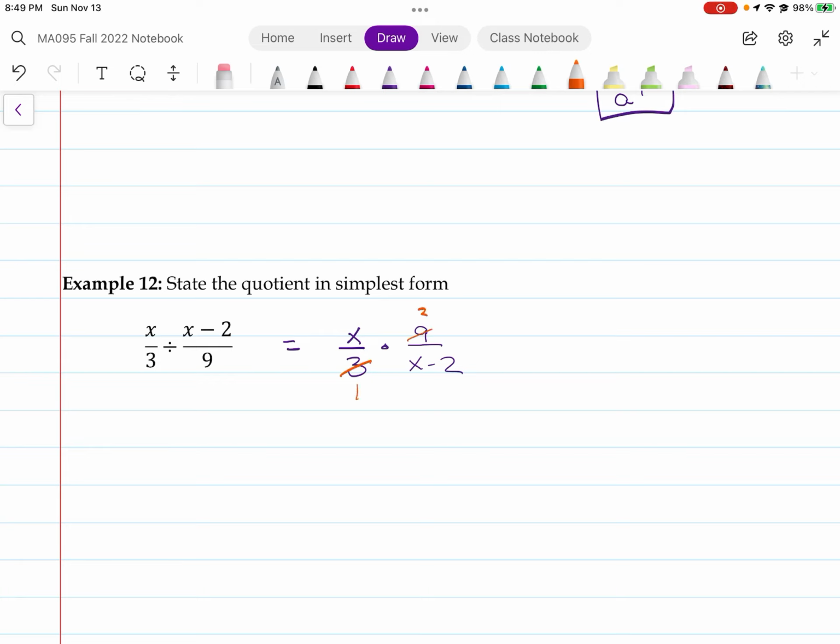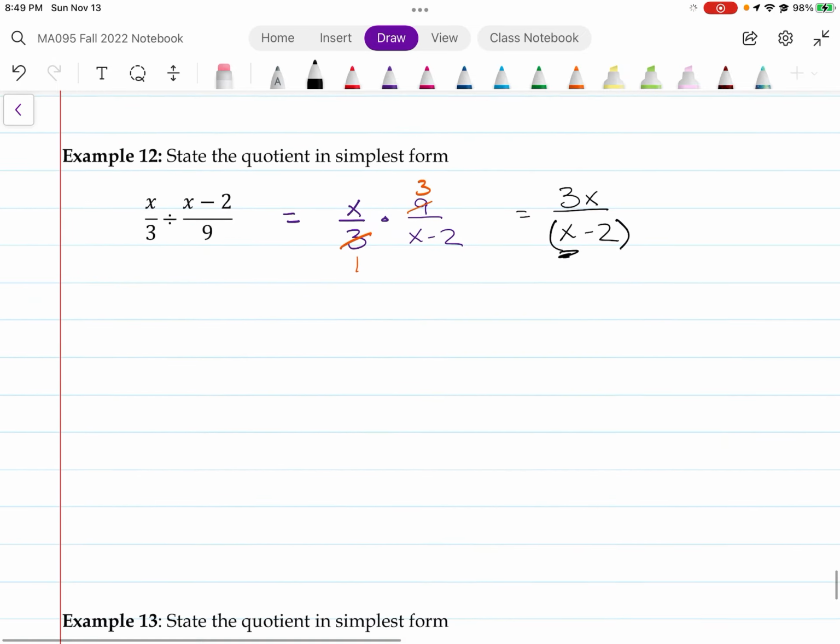Once, and into 9 three times. Nothing else really cancels. So I've got 3x on top over x minus 2 on the bottom. Does the x cancel? No, it's not a factor right here. It's together with x minus 2. So be careful with that.